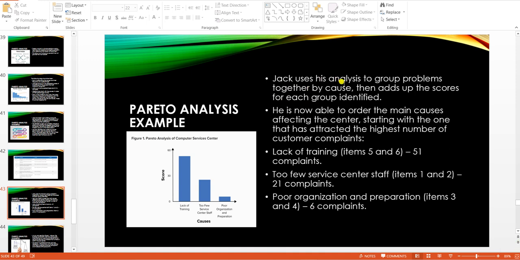So now Jack uses his analysis to group problems together by cause, then adds up the scores for each group identified. As you can check, based on the problems that he managed to put together, we have lack of training.